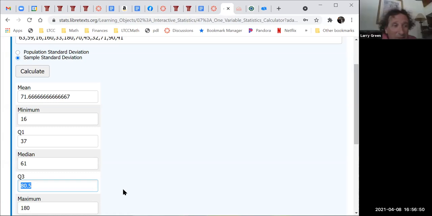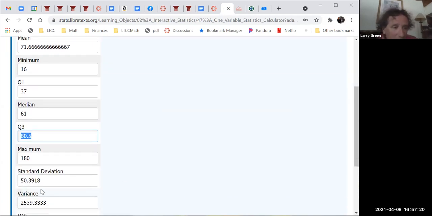So Q1 is the 25th. Q2, which no one uses, is the median, because the median is the 50th percentile. And Q3 is the 75th percentile. I'm hoping that's clear. So that means Q3, the third quartile, is 80.5. Any questions on that?